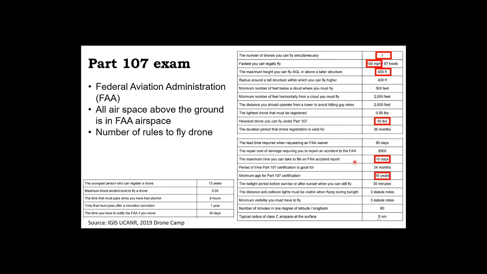In case we crash our drone, we have to report that to the FAA within 10 days. And the minimum age to take part in this Part 107 certification is 16 years. There are a few other numbers that we need to consider, and in the next slide, I'll provide a link which provides detailed information from the FAA and the ways to get the FAA license.